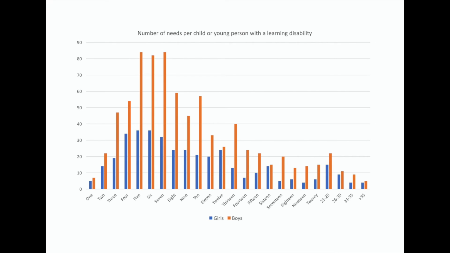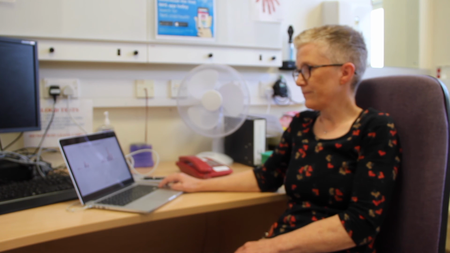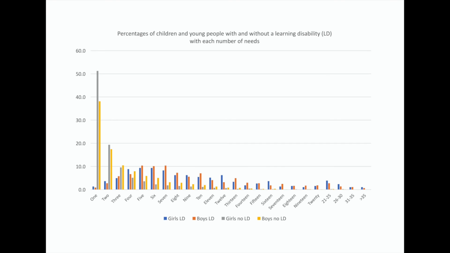This graph is quite complicated, but if you look at the detail, it shows the difference in needs between children and young people with a learning disability and those without a learning disability, all together in the same place. So these again are a profile of the different types of needs that might occur for children and young people who have a learning disability.